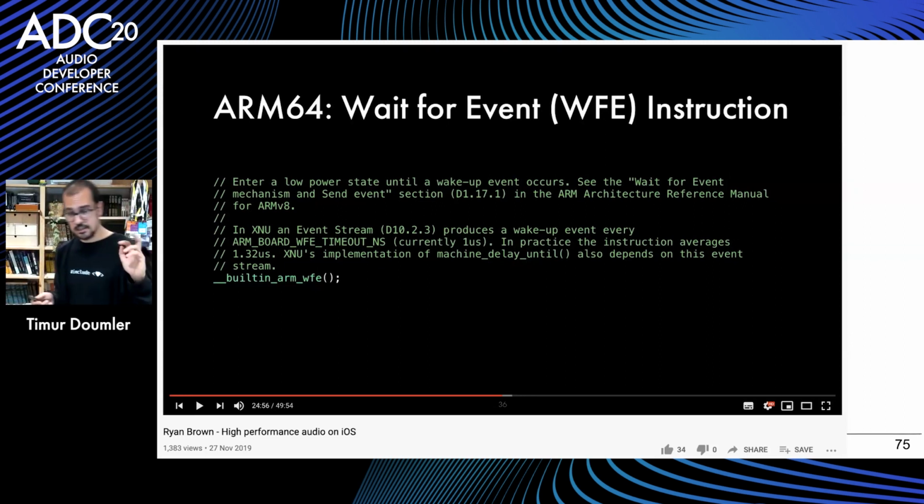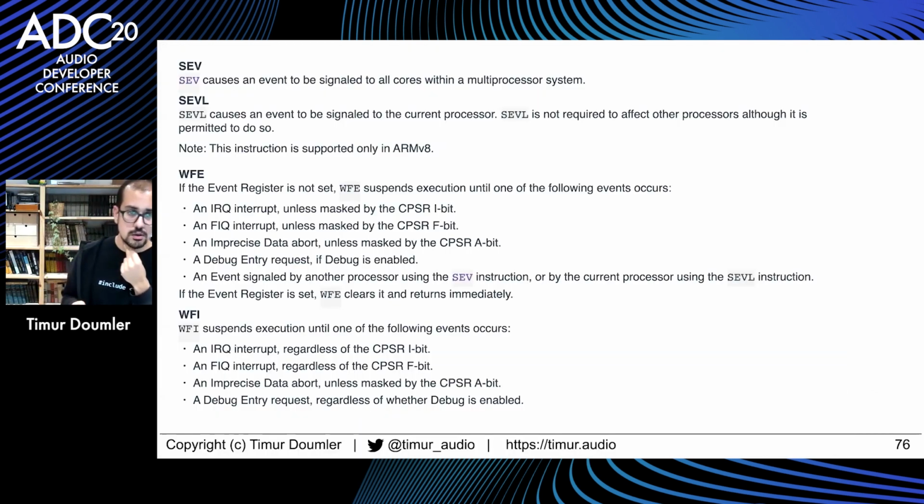And actually in XNU, which is essentially the Unix kernel for the Apple platforms, it produces a wake up event regularly, so that the instruction averages 1.32 microseconds. I thought that looks really interesting. So I went into the ARM developer manual.